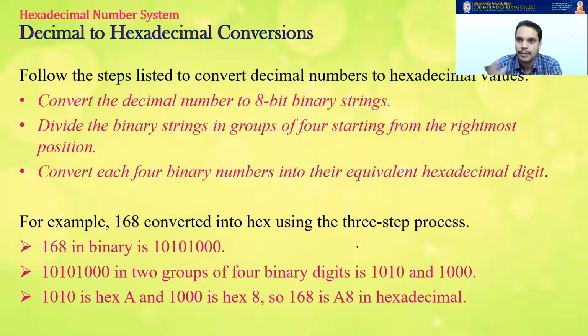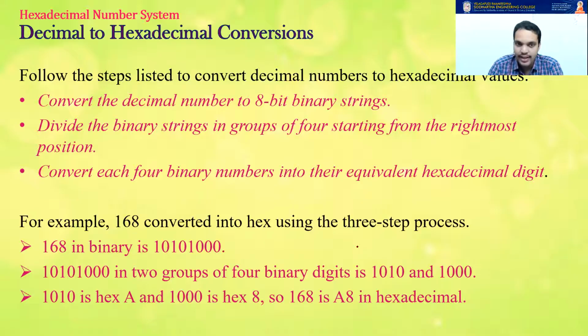Let me take an example, it becomes much clearer. Let us take 168 again, which you have been using from the start of this module. The binary equivalent of 168 is 10101000. As I told you, this is an 8-bit binary.